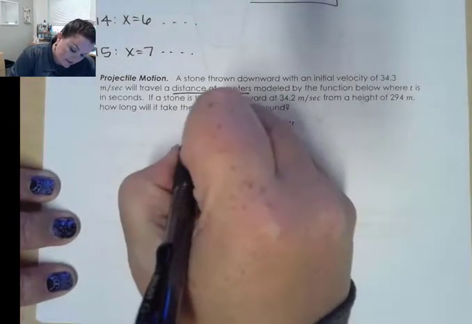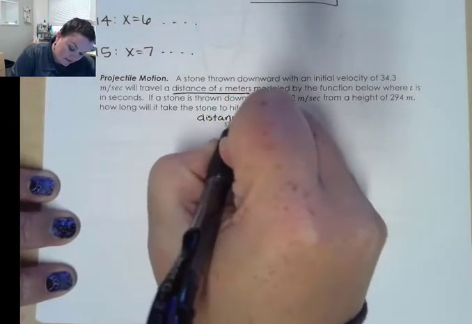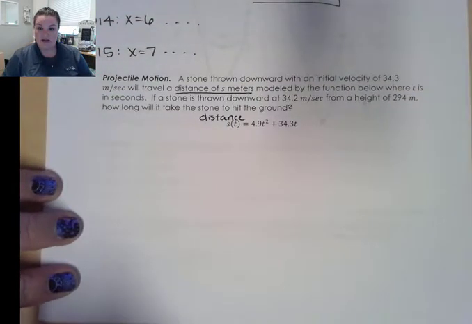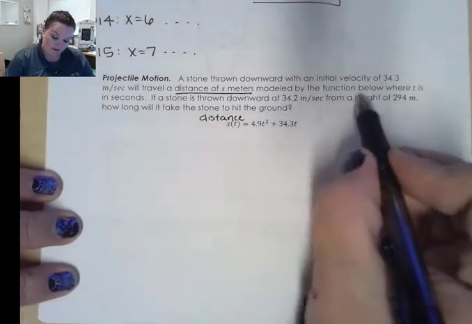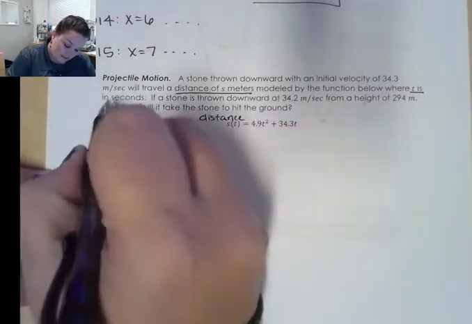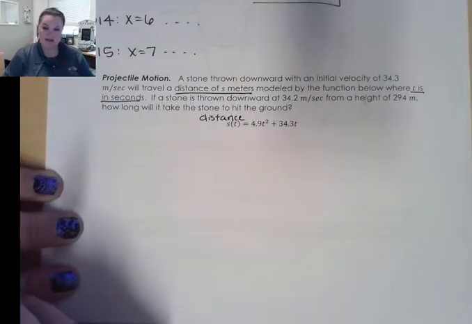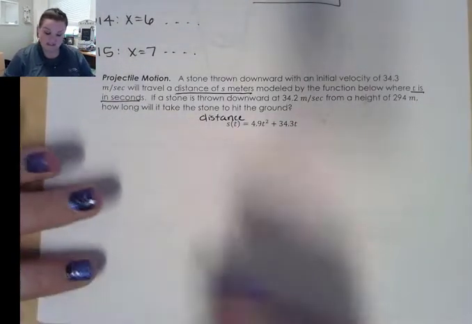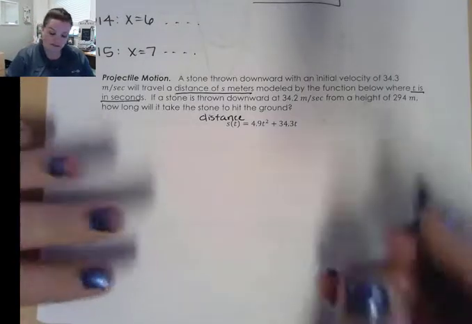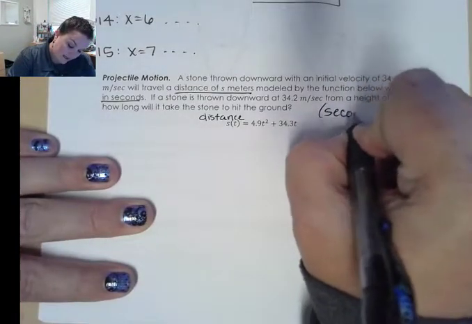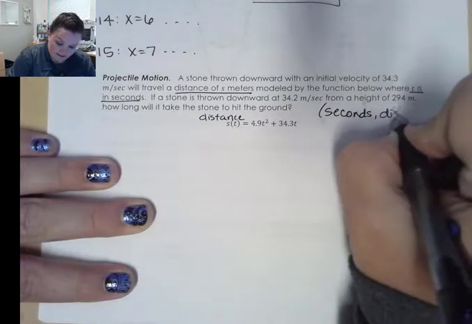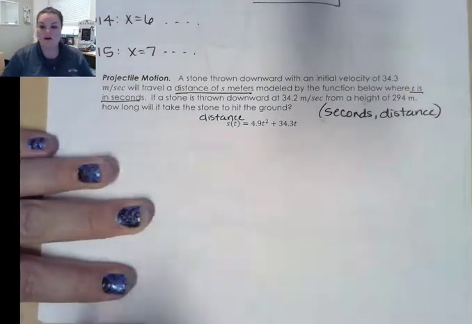Okay, so this is my distance that the rock is traveling, right? And it says it's modeled by the function below where t is in seconds. Okay, so this is telling us the distance for a certain number of seconds. So we have seconds going in and the distance traveled as our output.